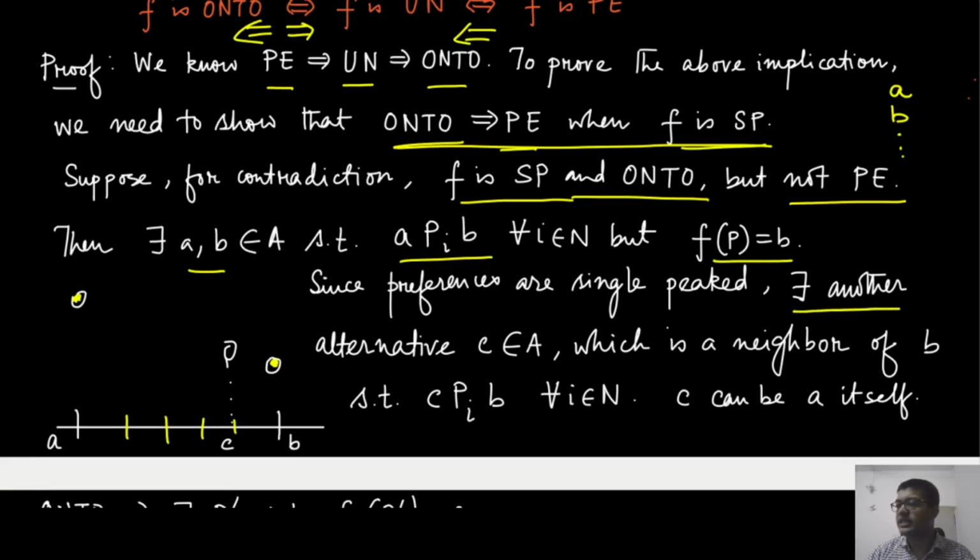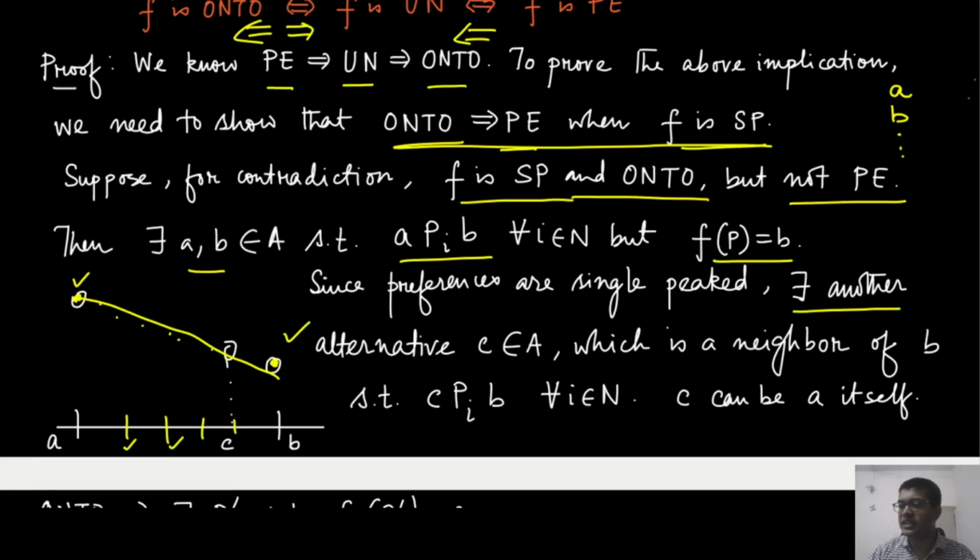So there must exist another alternative. If this is a single peak domain, if A is preferred over B, then all these intermediate alternatives have a very specific order, as shown in this figure.